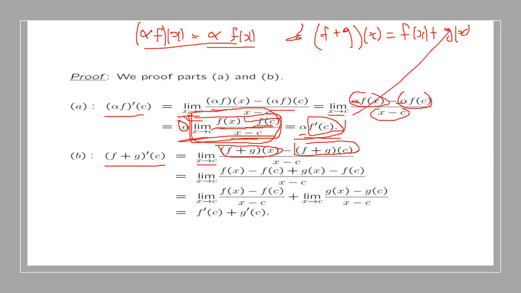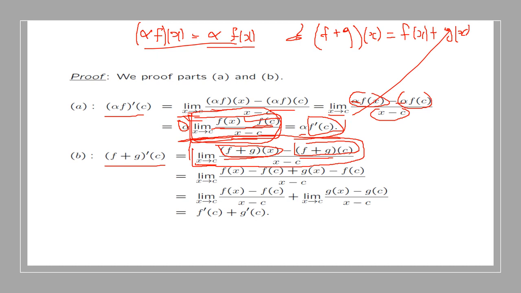Now, this is just the definition of the derivative of f plus g at c. It will be the limit as x goes to c of f plus g of x minus f plus g of c, divided by x minus c.